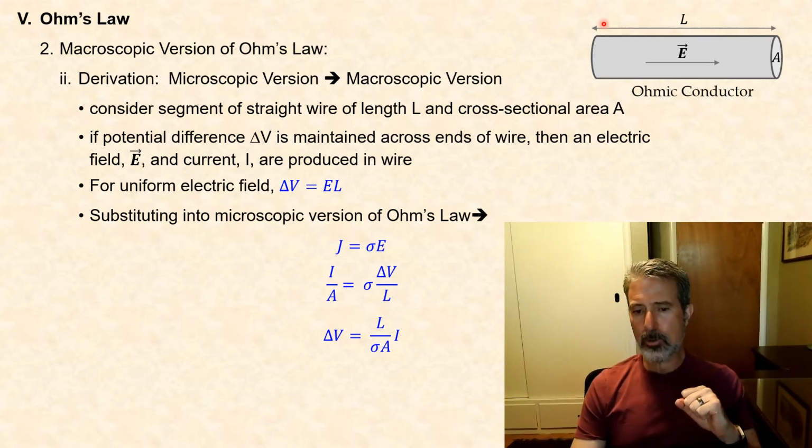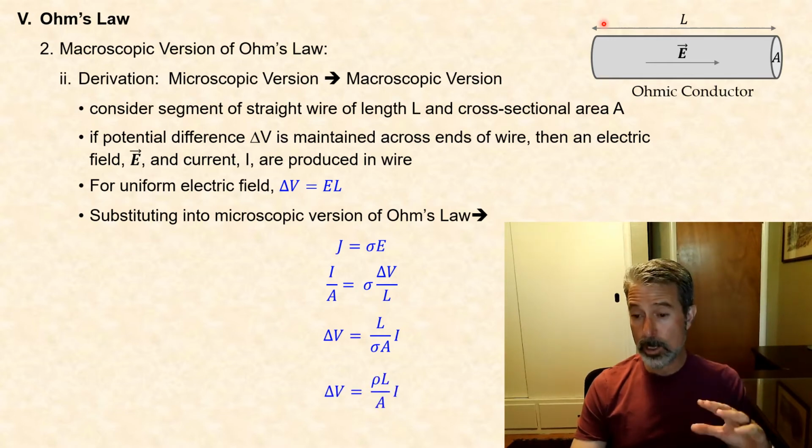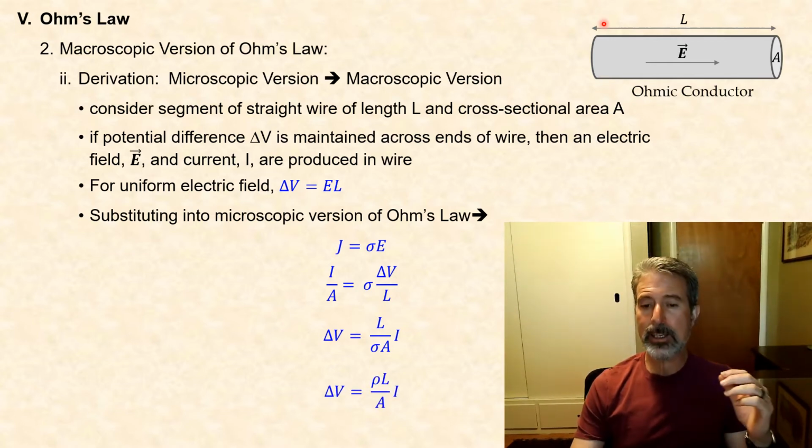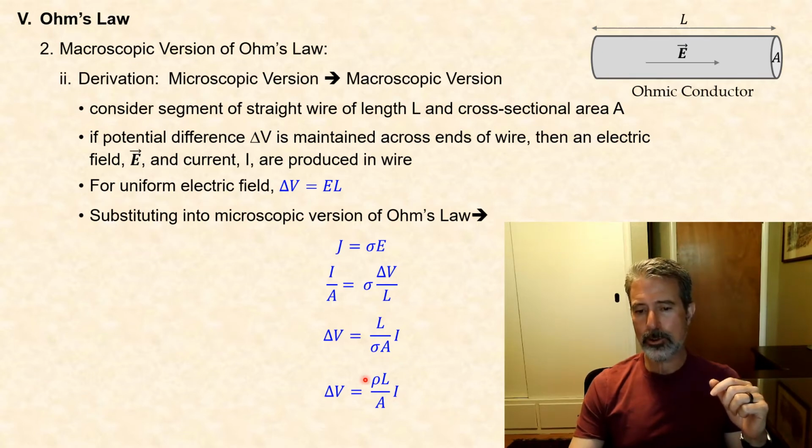And you'll notice on the right-hand side, we have this factor here, L divided by sigma A. Remember, the conductivity and the resistivity are simply reciprocals of each other. So if we now make that substitution in terms of the resistivity instead of conductivity, this should look very familiar to you.